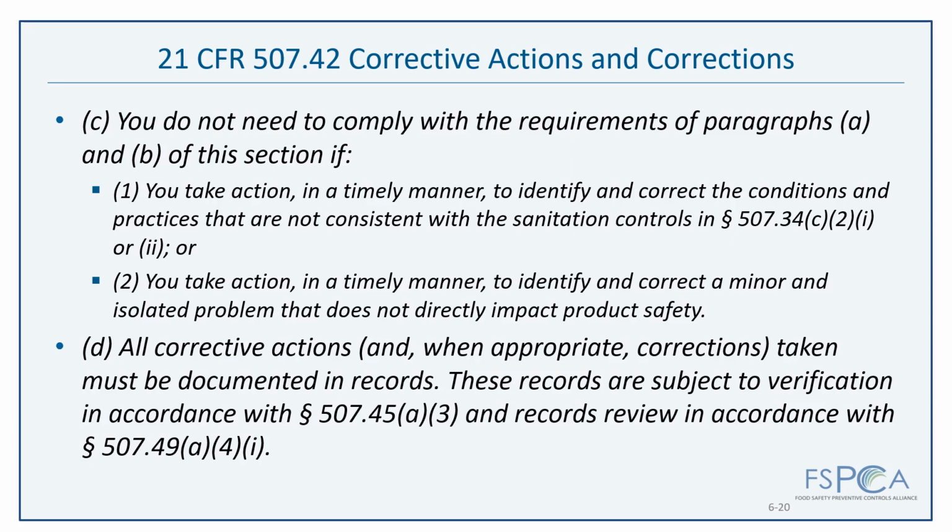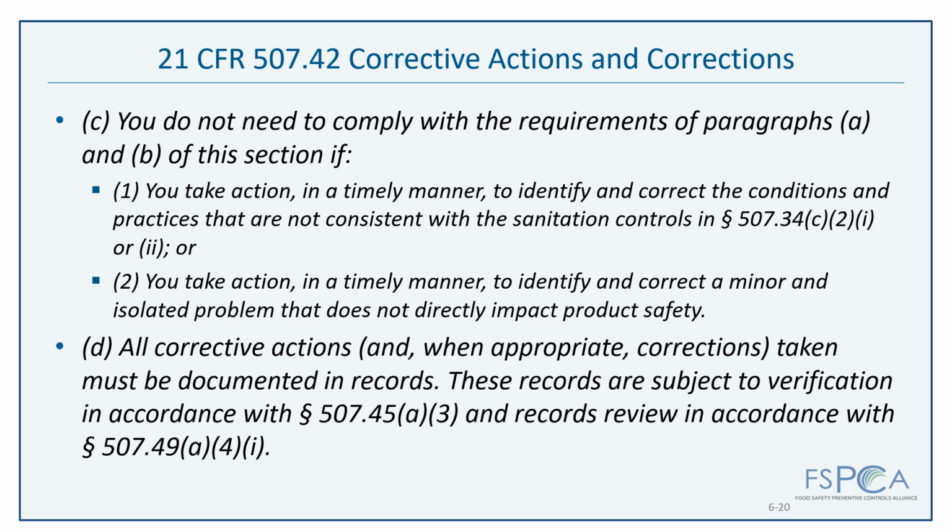We'll dive more into that example in chapter 8, but just know that if something small gets messed up one time, that doesn't mean we have to go through the corrective action procedures. We can identify and correct the problem, fix it, and go on with our lives. We don't have to write to FDA every time that something does go wrong. So this is what we consider a correction, and we'll take a look at a definition of correction and explore this idea a little bit more in chapter 8.